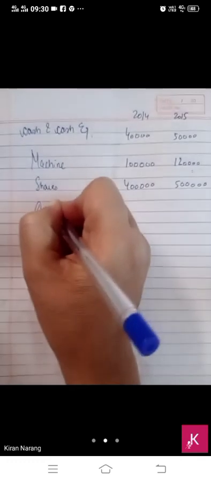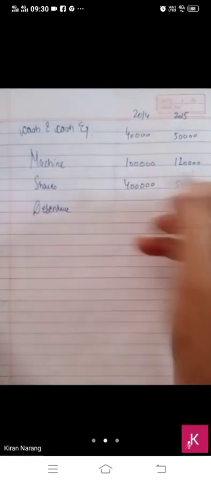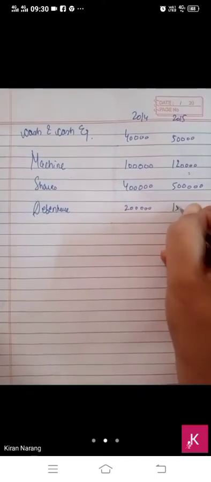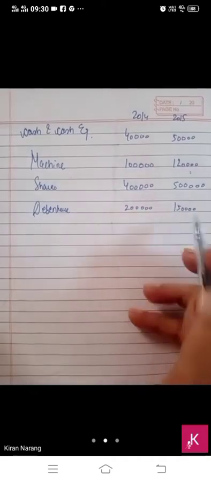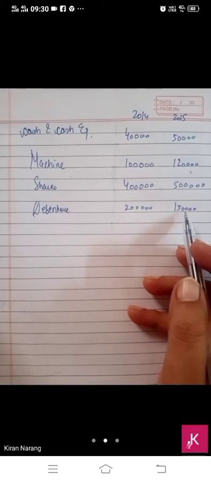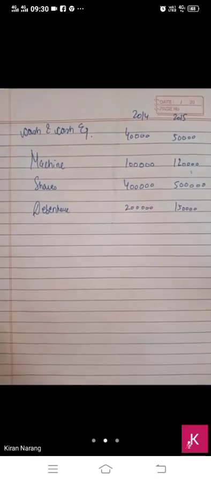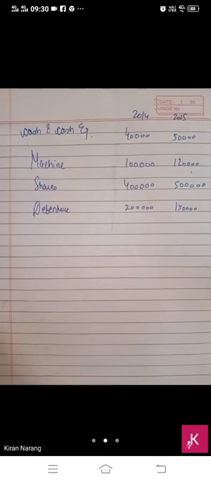Suppose debentures are given to you, 2 lakh and 1,50,000. That means you have done the redemption of debentures. Two years' data will be given for everything, and you have to take the difference. In almost every item you have to take the difference.